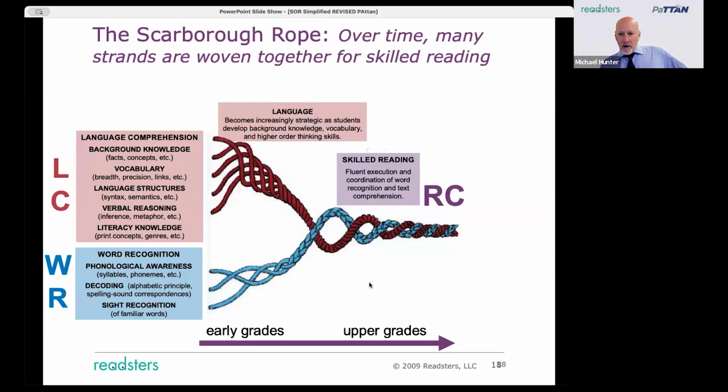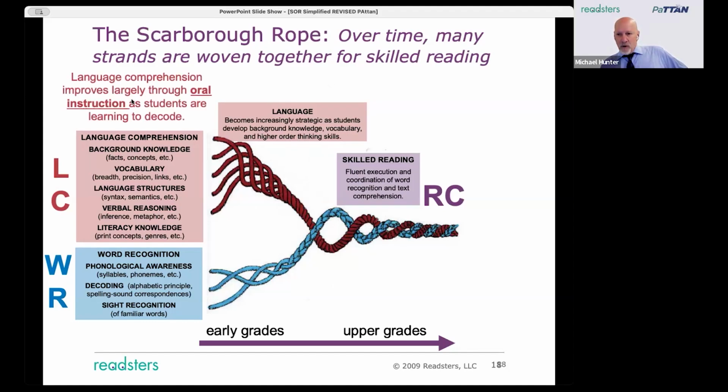So what Hollis showed us was that language becomes increasingly strategic as students develop their background knowledge, their vocabulary, and higher order thinking skills. As they learn more about the world and learn more language to understand the world around them, their language skills grow.